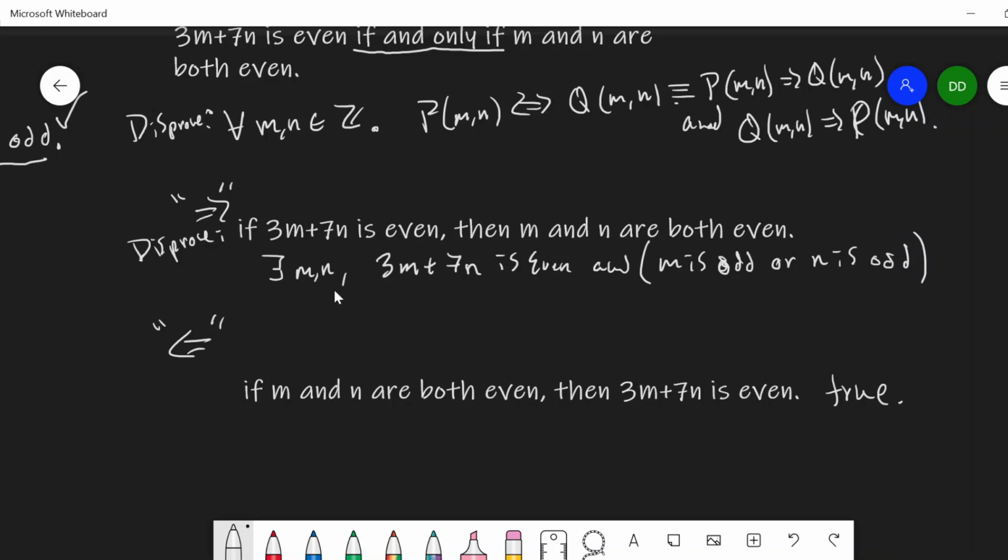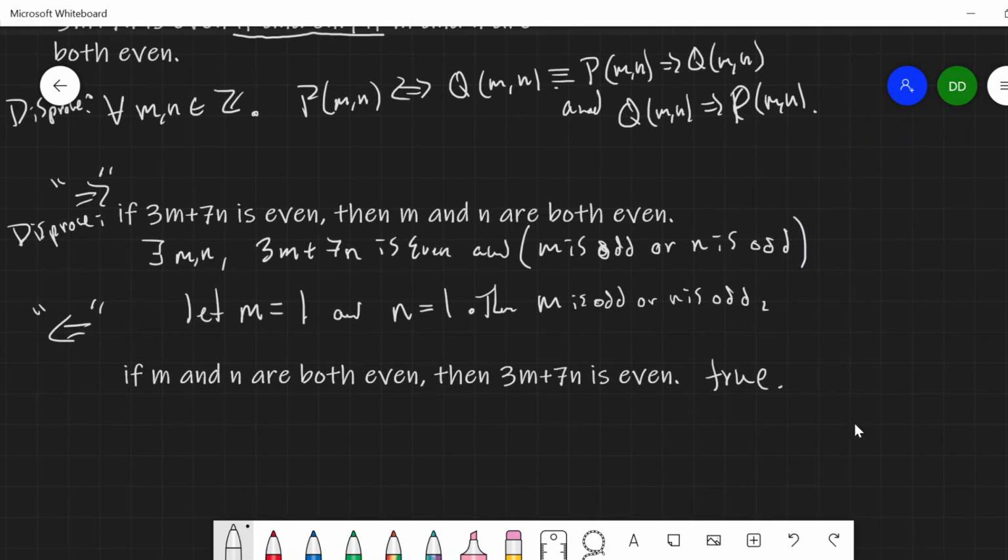So let's try. Let m equal 1 and n equal 1. Why not? They're both odd. Then m is odd, or n is odd. That's true. They're both odd, though. That's okay. We can say m is odd or n is odd. That's still true.